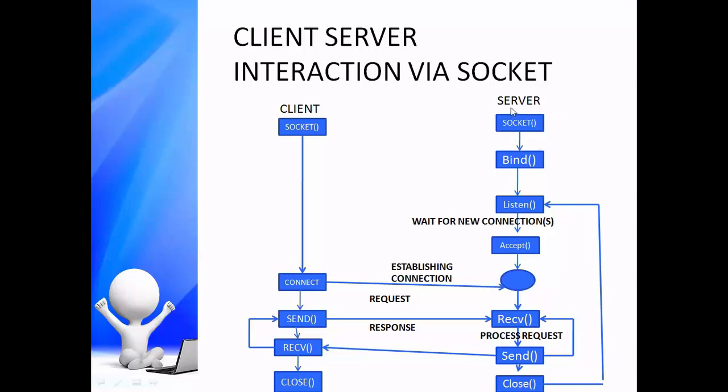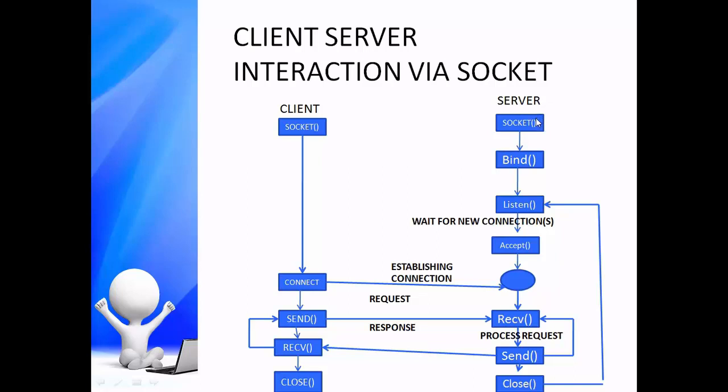In the interaction between a typical client and a server, the server process has to work a bit more. There is a confusion that only the client has to work more, but the reality is the server has to work more than a client. We will see how.